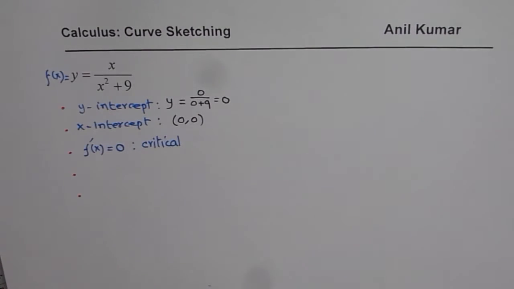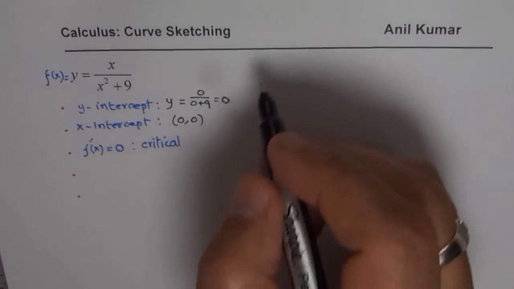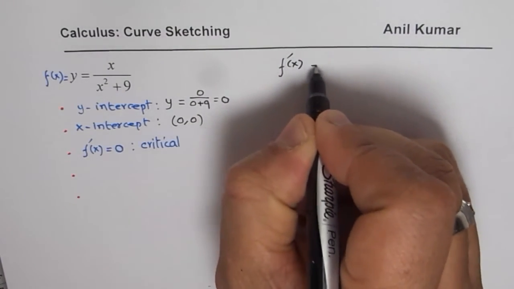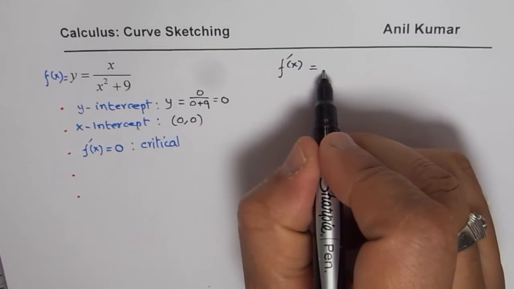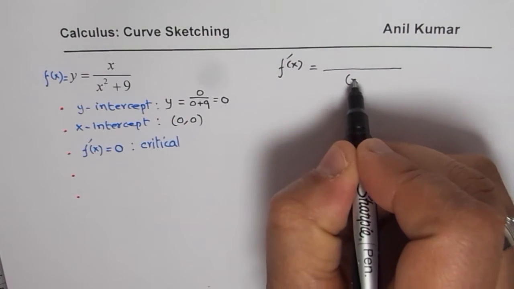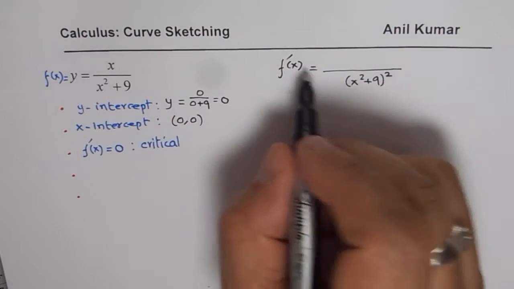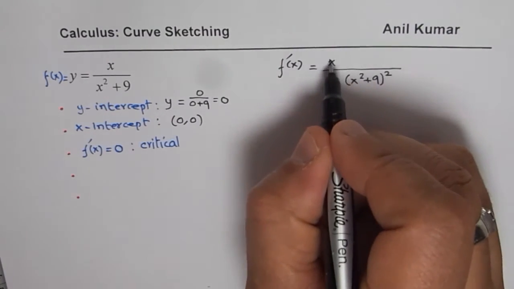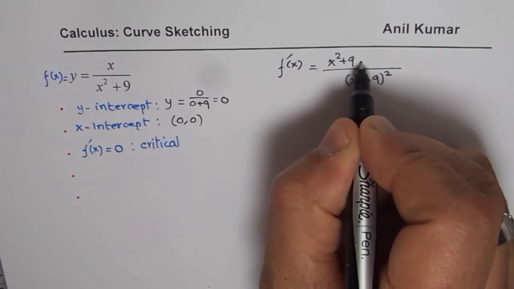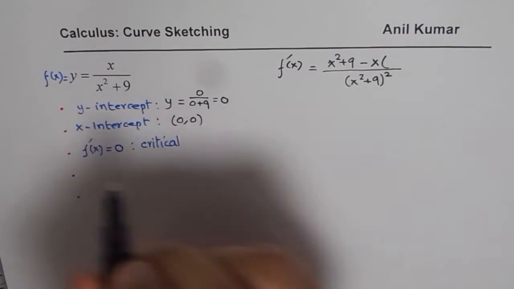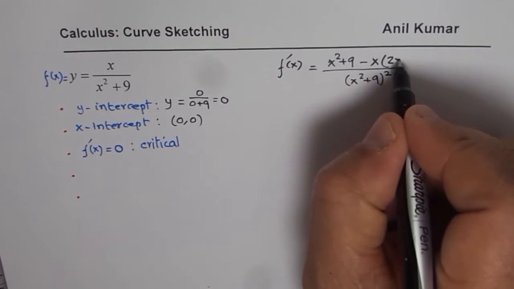So the derivative, f prime x, will be equal to: the square of the denominator, which is x squared plus 9 whole square, in the denominator; and in the numerator, the derivative of the numerator, which is 1, times x squared plus 9, minus x times the derivative of the denominator, which is 2x.